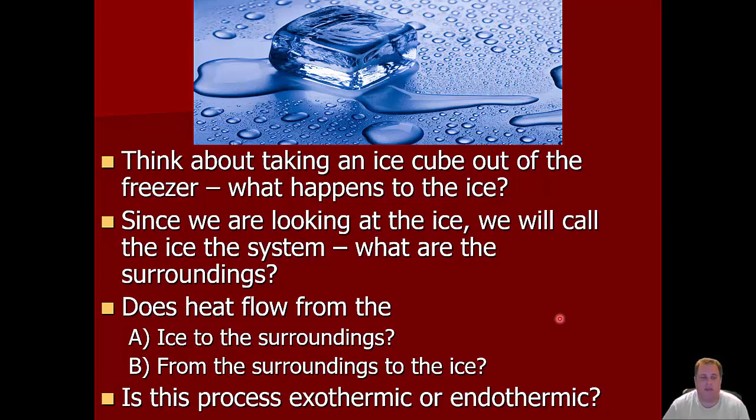So our choice is B. It's going to flow from the surroundings to the ice. So is the melting process exo or endothermic? Our definition of endothermic is heat flowing from the surroundings to the system. So we just said the heat was flowing from our surroundings to the ice. So melting is an endothermic process.